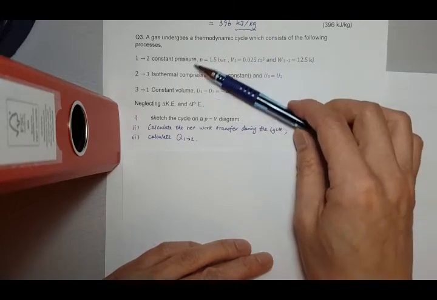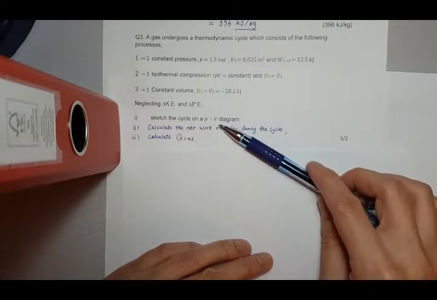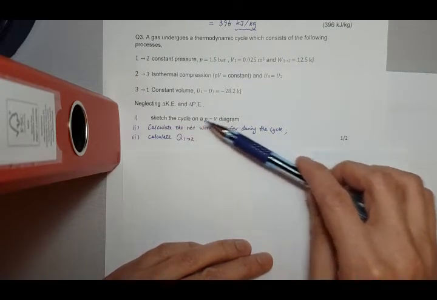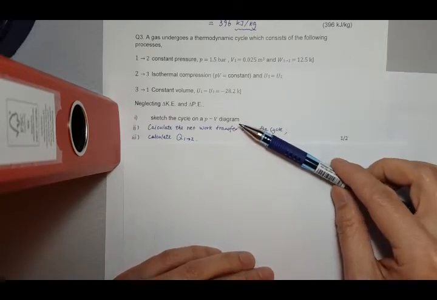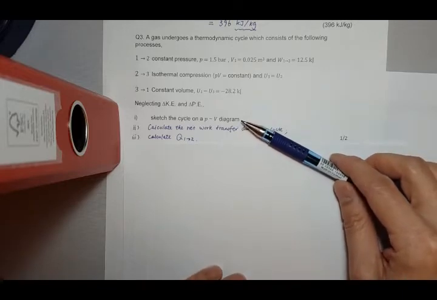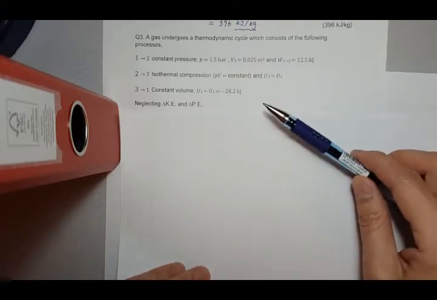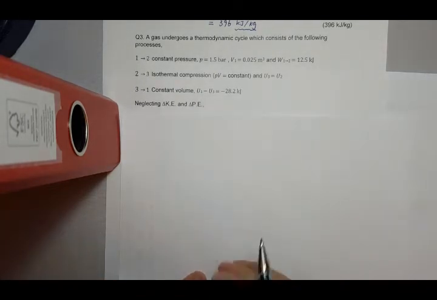Basically, we're going to plot the cycle on the PV diagram first of all. So this is the first question. As I mentioned quite a few times in the lecture and also in the tutorial in the first week, the best thing I would recommend is that you use a template from the lecture.